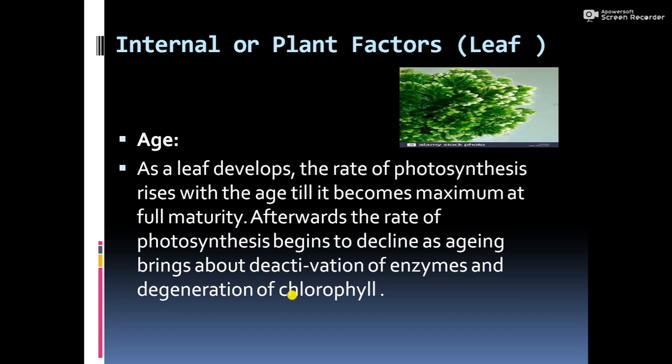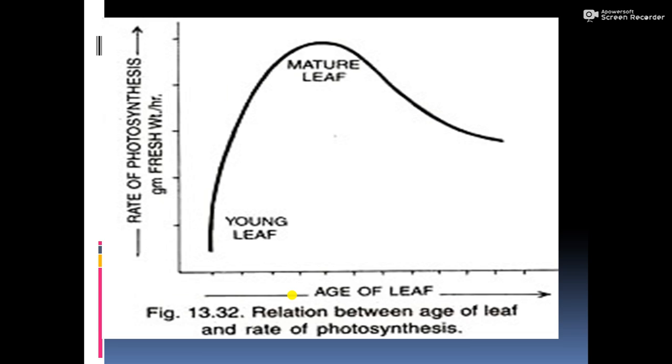Another internal factor of the plant, the leaf age. As a leaf develops, the rate of photosynthesis rises with age till it becomes maximum at its full maturity. Afterwards, the rate of photosynthesis begins to decline as aging brings about deactivation of enzymes and degeneration of chlorophyll.